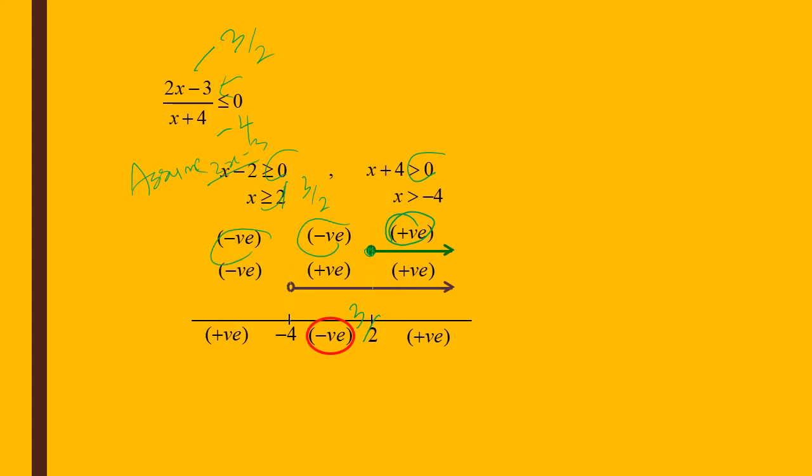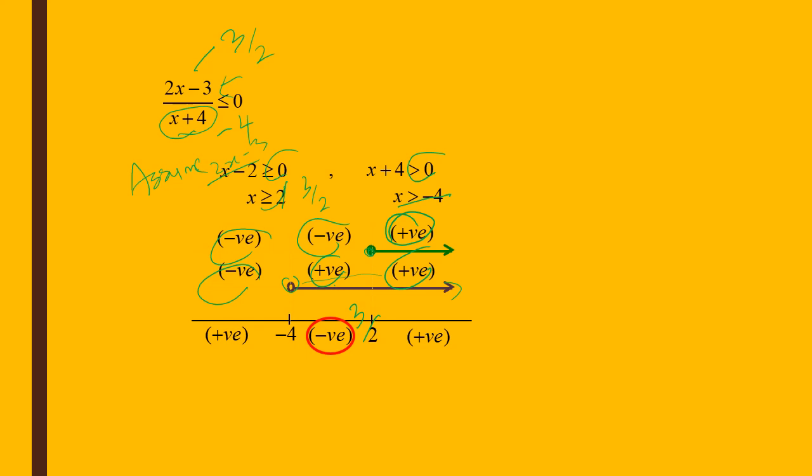But for the denominator, we have to take x + 4 more than 0. So it should be x more than negative 4. That's why we have the empty dot here. More than, so it's going to the right. Then all the part on the line will be positive, the left side will be negative.